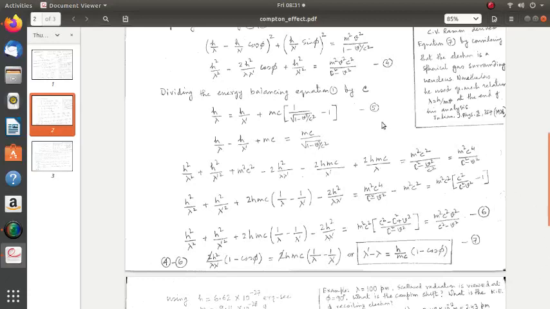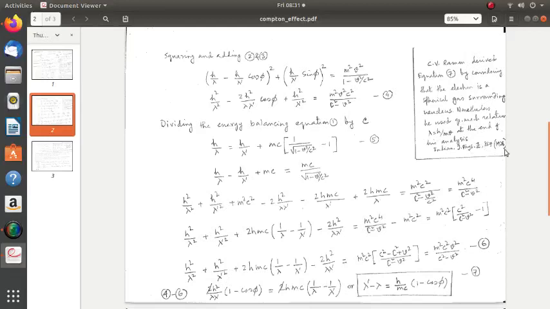It is interesting that this equation was also derived independently by C.V. Raman. This is the paper, you can find it on the net. But at the end of the analysis, he used a different model of electrons, a spherical gas model surrounding the nucleus, and at the end he substituted lambda is h by mv. That is the wavelength corresponding to mass m with velocity v.